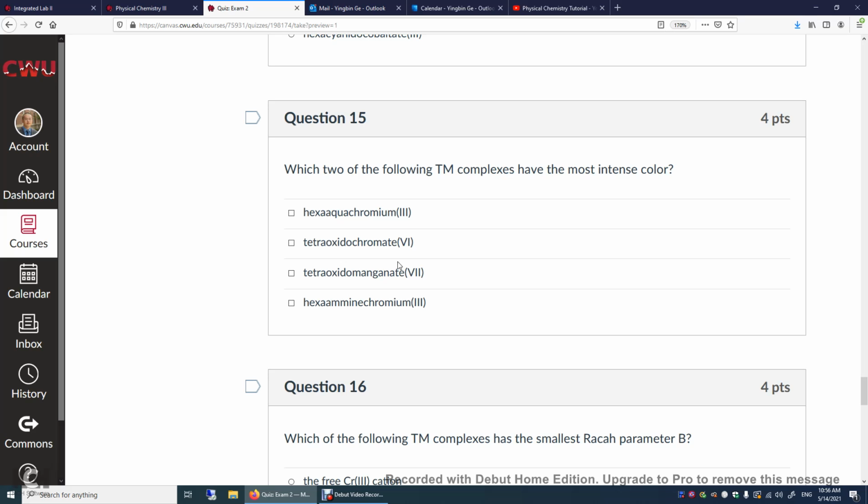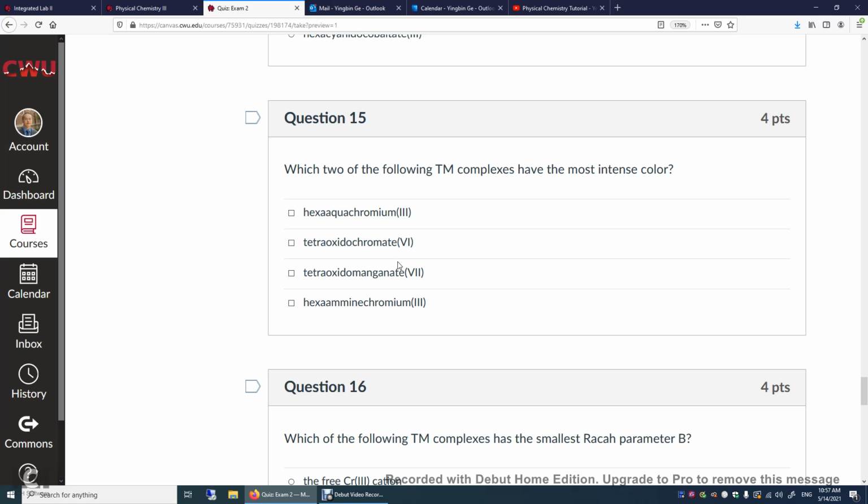We're talking about charge transfer bands here. When you have a d0 electron configuration, the electronic transition involves charge transfer from the ligands to the metal. The electrons must flow from the ligands to the completely empty d orbitals.